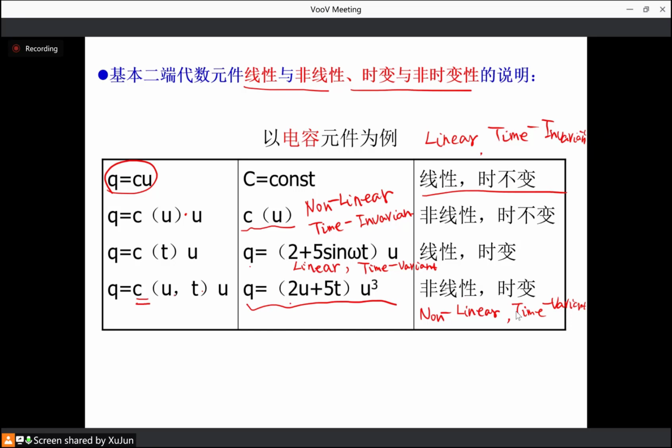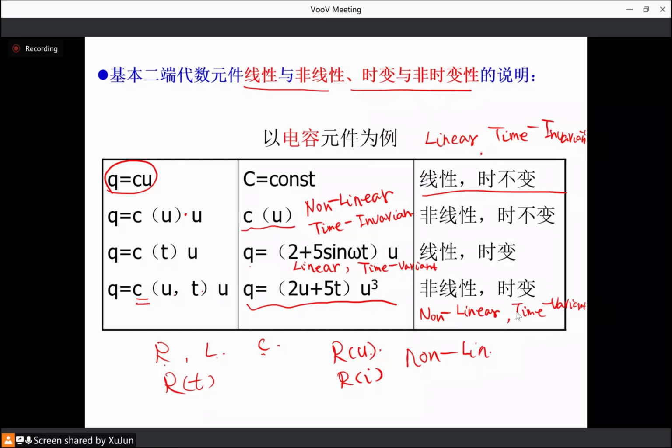So the basic idea to judge whether a component is linear, nonlinear, or time invariant: you can judge R, L, C. If these three components are a function of time t, it is time variant. If R, L, C is a function of U or a function of I, we call it nonlinear. So it's a function of U or I, nonlinear. A function of time t is time variant. So this is the conclusion for this part.